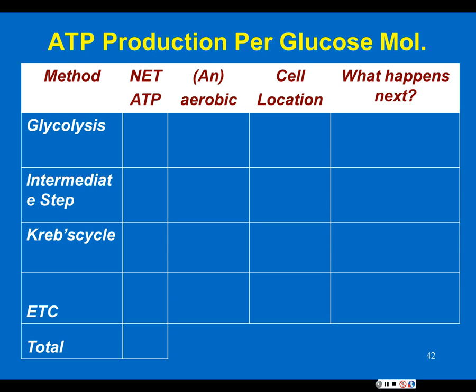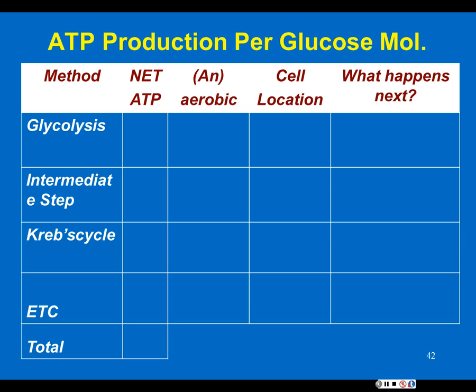Somewhere around 36 molecules of ATP produced under ideal conditions. If everything's just right inside of the cell, glucose can produce upwards of 36 molecules of ATP. That's the high end. 32 is significantly greater than the 2 or 1 that we saw along the way.